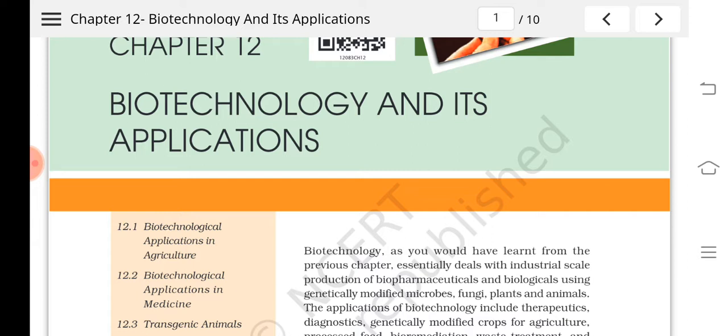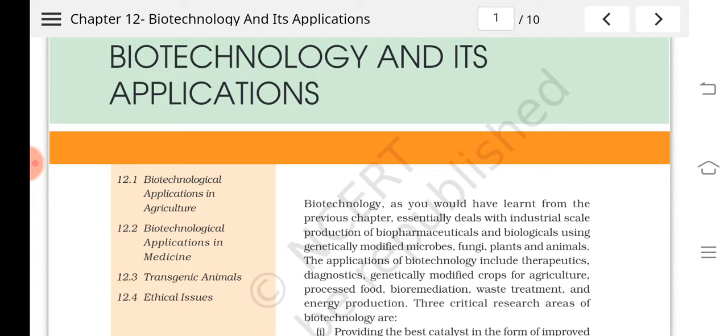They inserted the genes responsible for the production of A chain and B chain separately into different E. coli, which started producing the A polypeptide chain and B polypeptide chain separately. Then disulfide bonds joined these to produce the insulin which is available nowadays. So this I have explained to you.